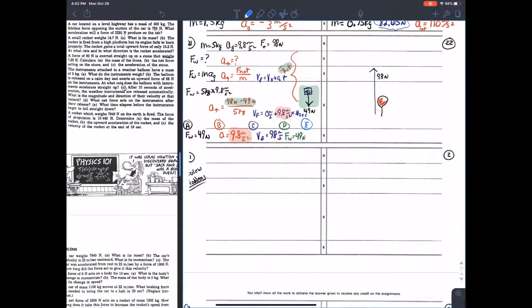Letter E says, what time lapses before the instruments begin to fall back down again. All right, if we go back to the kinematics formula and plug in our values, our original velocity at the very moment that the instruments are released from the balloon, we said that they are going at 98 meters per second.